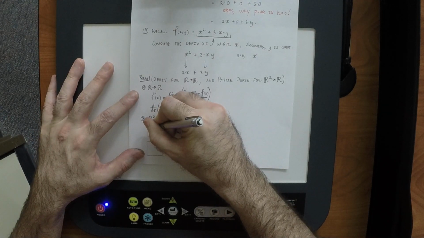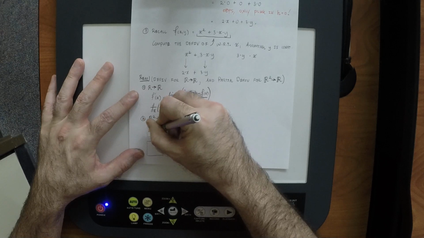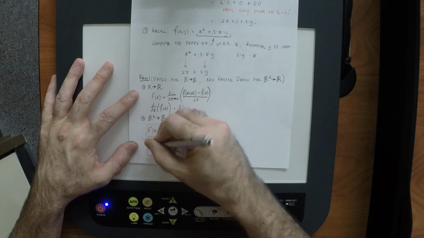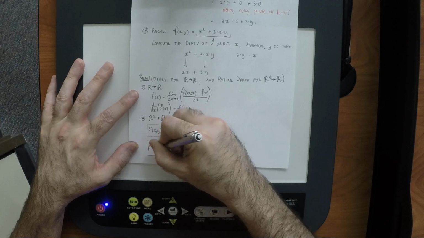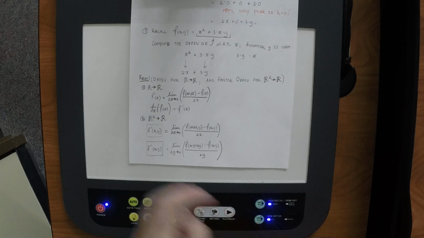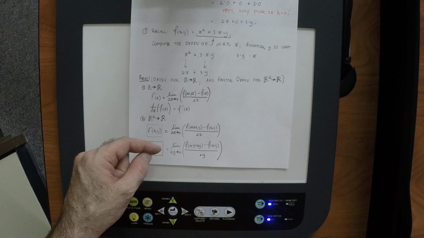What if we were to write f prime of x and y for that one, and the same thing for this one? Now what's the problem with doing that? Okay, it makes it seem as if they're the same, right?